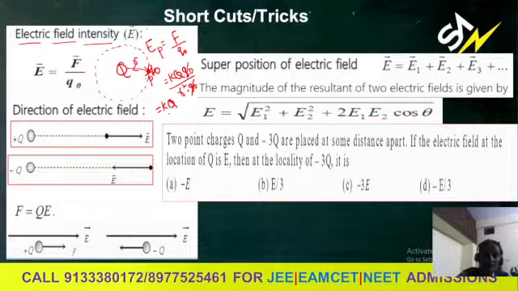Finally, the electric field at any point is equal to KQ by R square. That means it depends upon the field charge, not the point charge. You got my point? It depends upon the field charge, not the point charge.